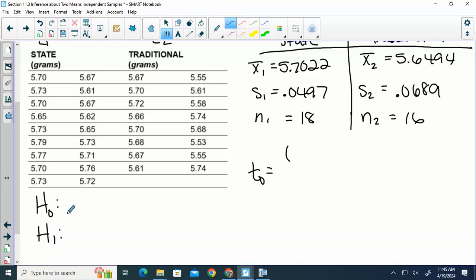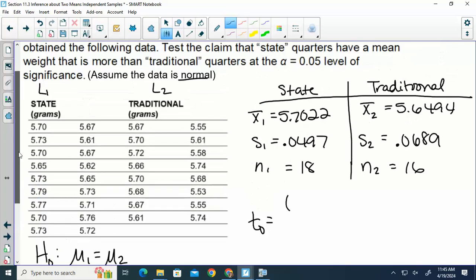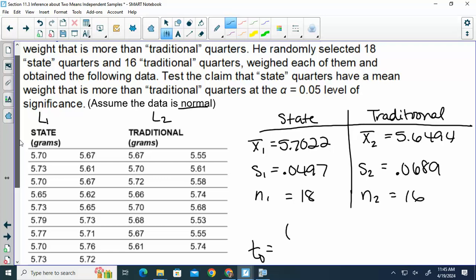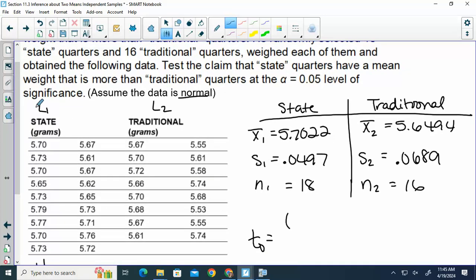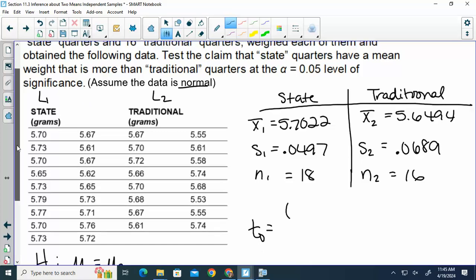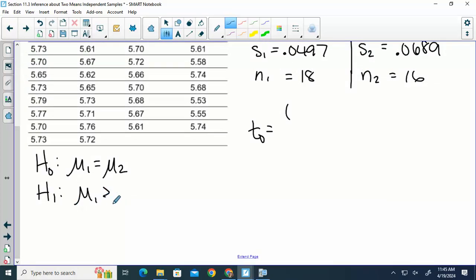The null would be what? The alternative, what am I trying to test? If the state quarters have a weight that is more. So if the first is more than the second. This is also why it's important to use the first one for L1, the second one for L2.